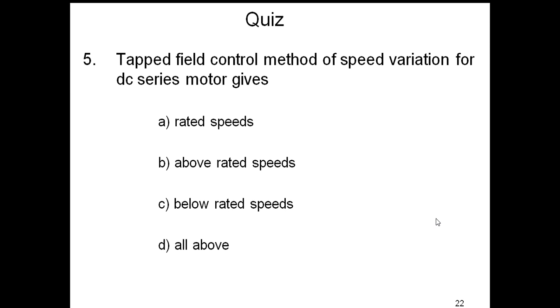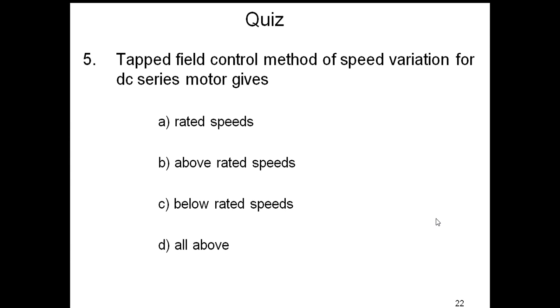Tapped field control method of speed variation for a DC motor gives rated speeds, it also gives above rated speeds, and also it gives below rated speeds. Means by changing the position of the tapping, we can achieve all the above speeds.